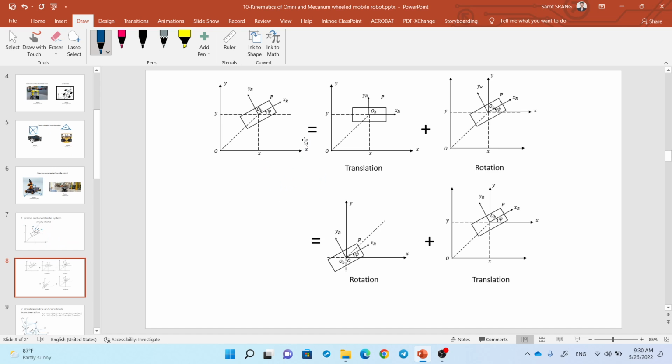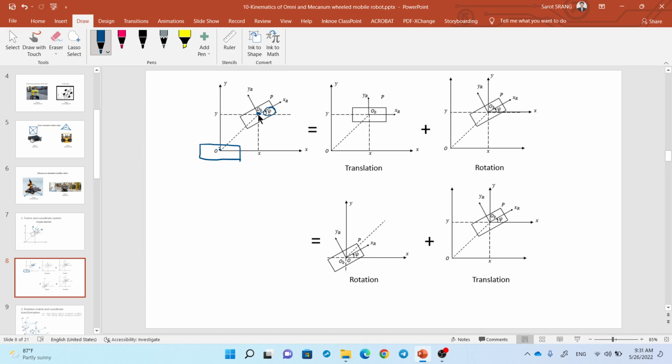Then the next point, which is very important: the motion of the robot can be decomposed into two different motions. One is translation. So in order to have the position of the robot here with this orientation from the origin, let's say the robot at the initial time has this position and orientation.